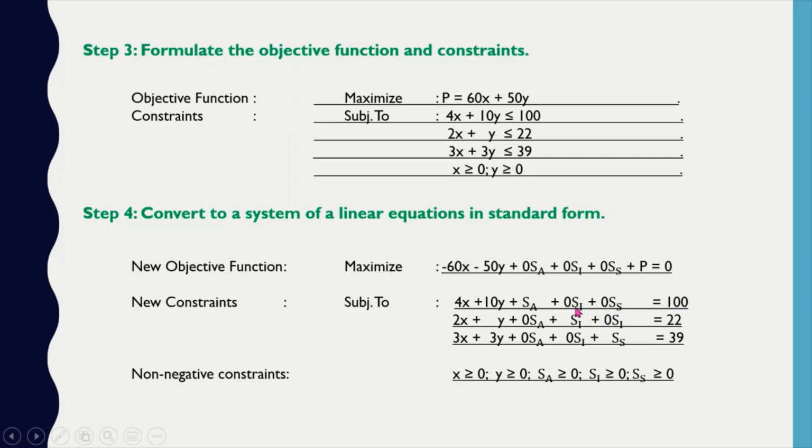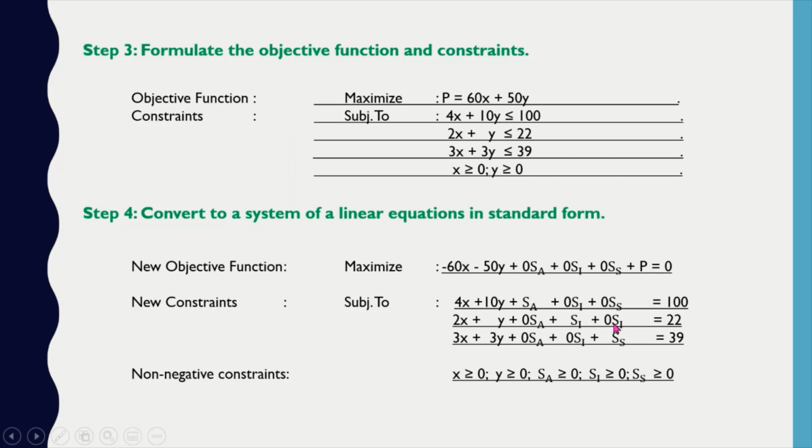We have 0 for inspection here and 0 for storage space because this is assigned for the assembly slack variable. The same thing will happen with our second equation. We have 2x plus y plus 0 for our slack variable for assembly, because this is assigned for the slack variable for inspection.